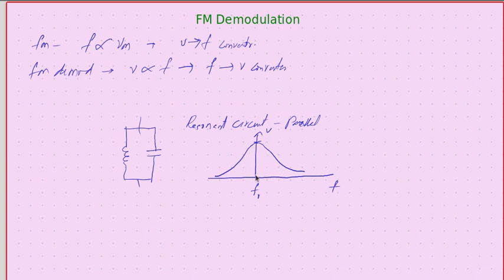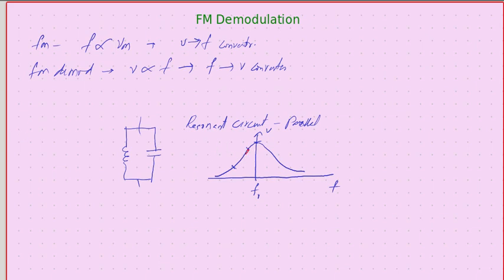So let us define this circuit, and let us look carefully at this shape, and we can see a part of the shape appears to be almost linear.